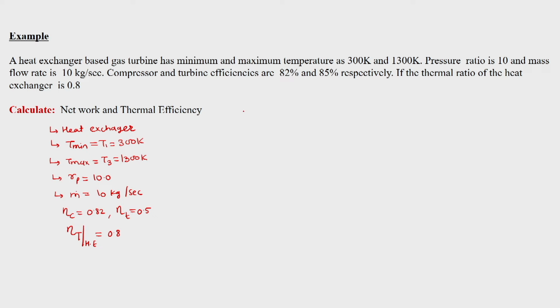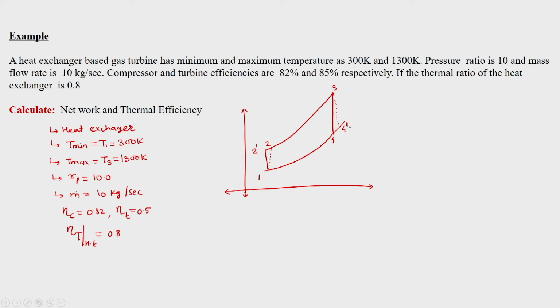So, let us draw the TS diagram first. In this TS diagram, what we have is first 1, 1 to 2 dash, 2 dash to 2, 2 to 3, 3 to 4, and 3 to 4 is the real process, 3 to 4 dash is the ideal process.